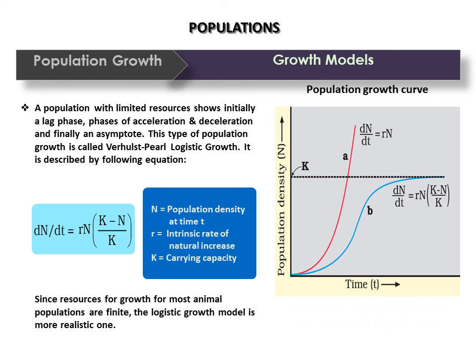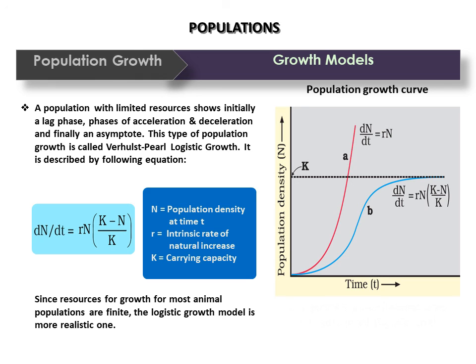So in this case, K indicates the carrying capacity of the population, and here the equation will become dN/dt is equal to rN (K minus N)/K. So K is the carrying capacity, N is the population density at time t, r is the intrinsic rate of natural increase.